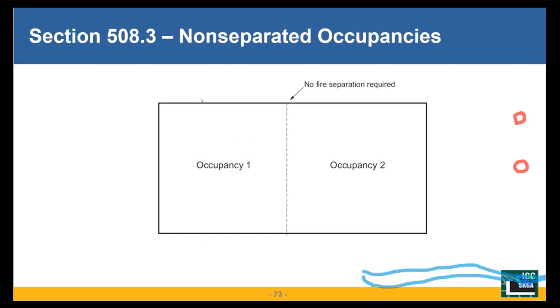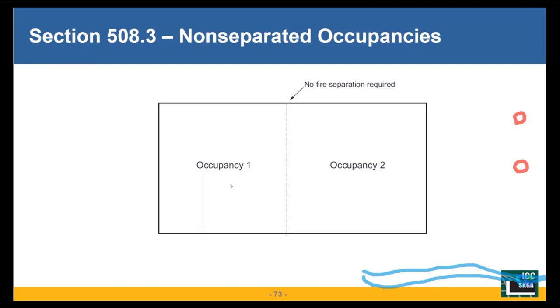So the second approach is you have 2 occupancies, but you don't separate them. And how do you use this approach? You have to use this approach if by applying the most restrictive requirements, construction, height, type, and everything else, of any occupancy to both occupancies.